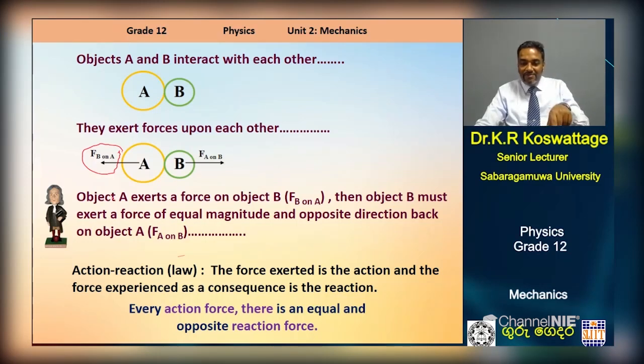For every action force, there is an equal and opposite reaction force. The statement means that in every interaction, like when you sit on your chair, there is a pair of forces acting on the two interacting objects, you and the chair.